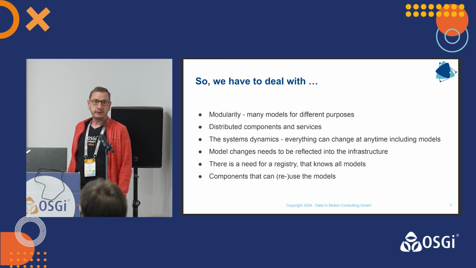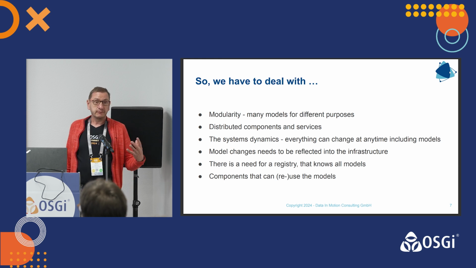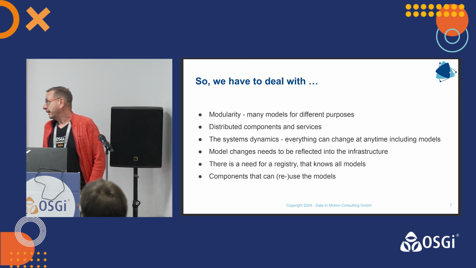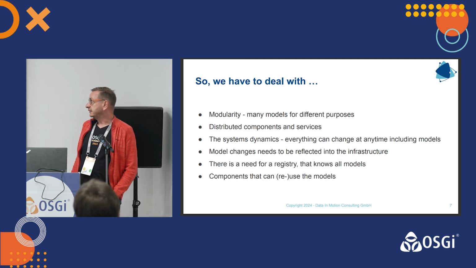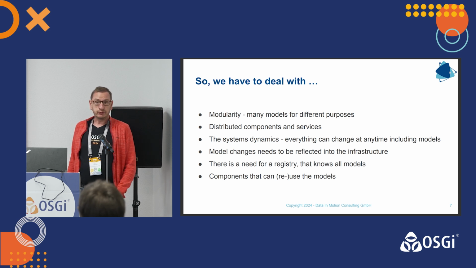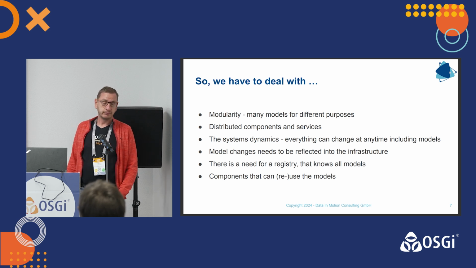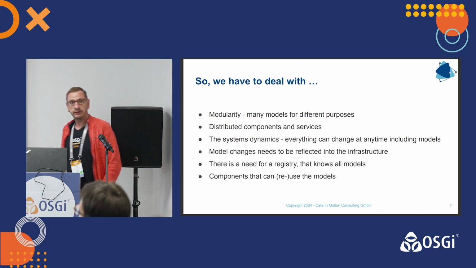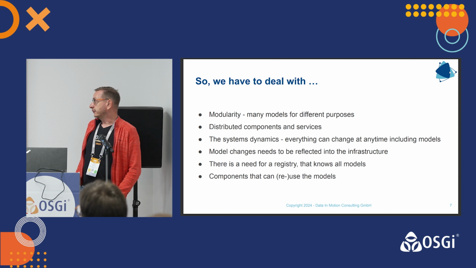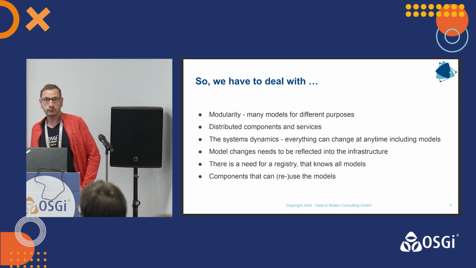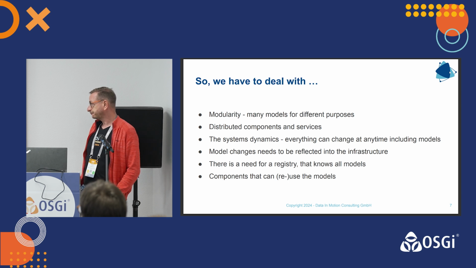A city itself is a dynamic system, so we have to deal with these changes for modeling. The same applies to model changes. You can create updates, maybe correct some typos or data type issues, and provide new versions of models in this infrastructure, and we have to deal with that.